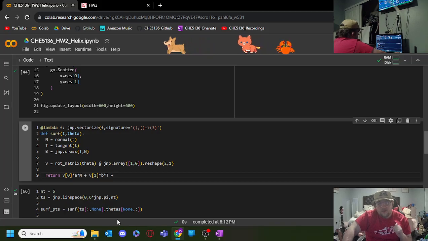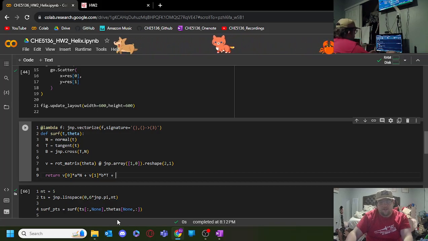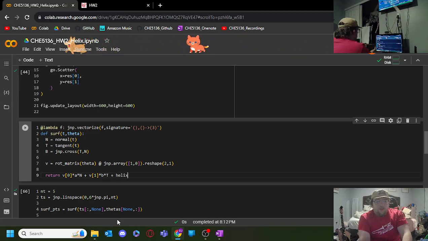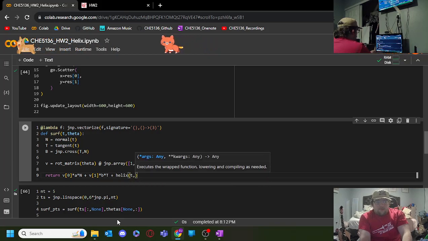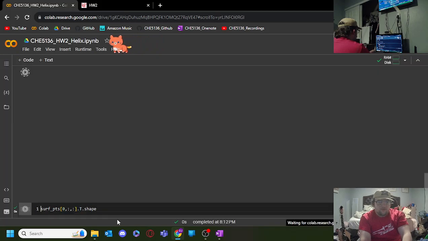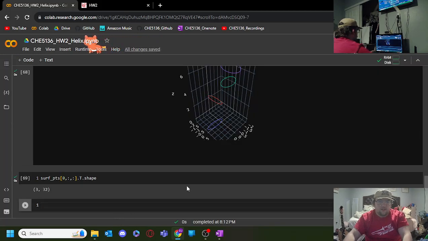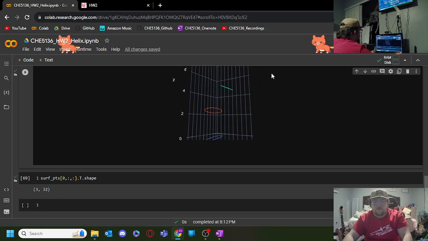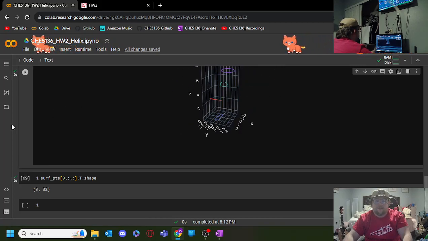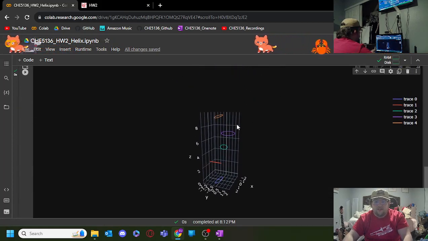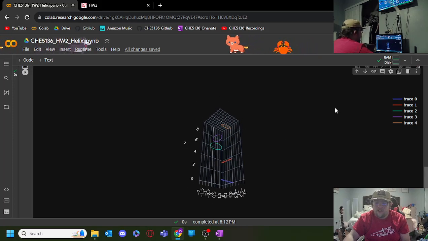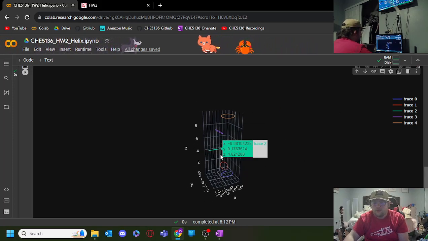So to do that, we have to provide the center using our helix. So helix time, and then RMZ just from the global scope. Do all that again. Right, so as you can see, now it's looking a lot more like a coil shape that way.